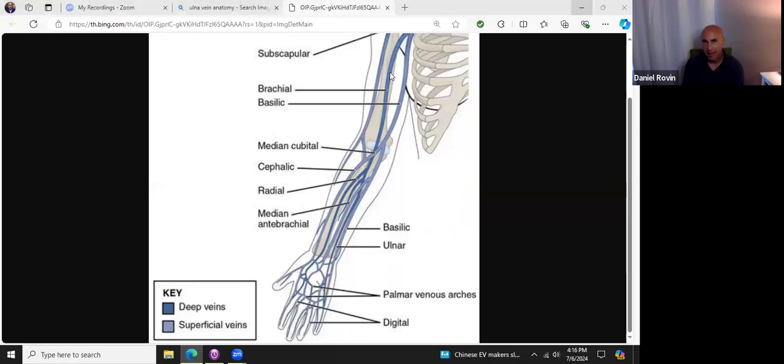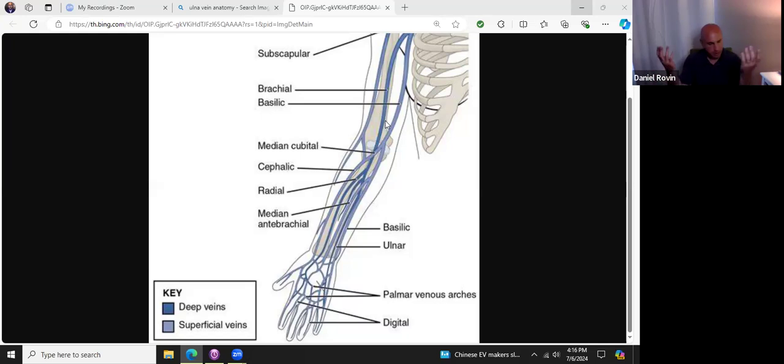So what you have to do is look, if it's the darker blue, the more royal blue, not the grayish blue, it's deep. So the radial vein is deep on the backside of the radius, or really the outside of the radius. The ulnar vein is deep along the inside of the ulna, and they come together, radial and ulnar, to form the brachial vein, which is the middle and deep of the three.